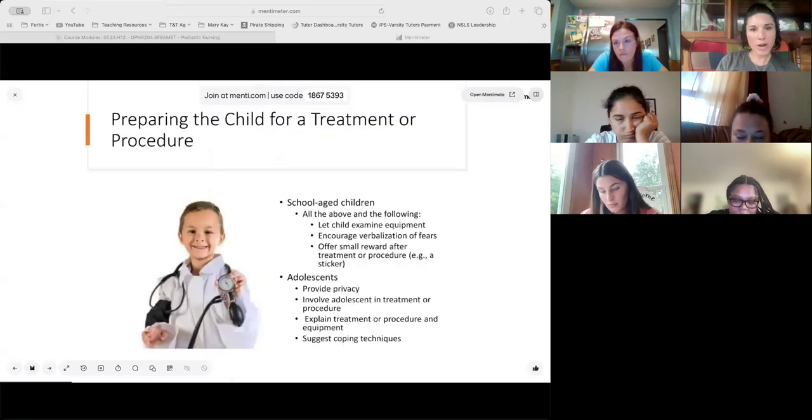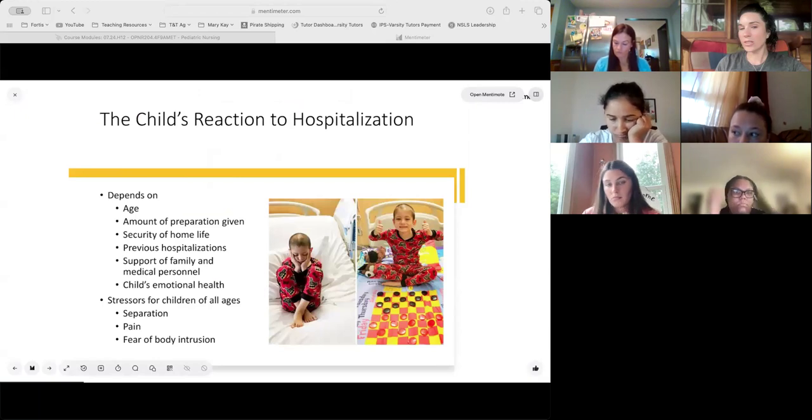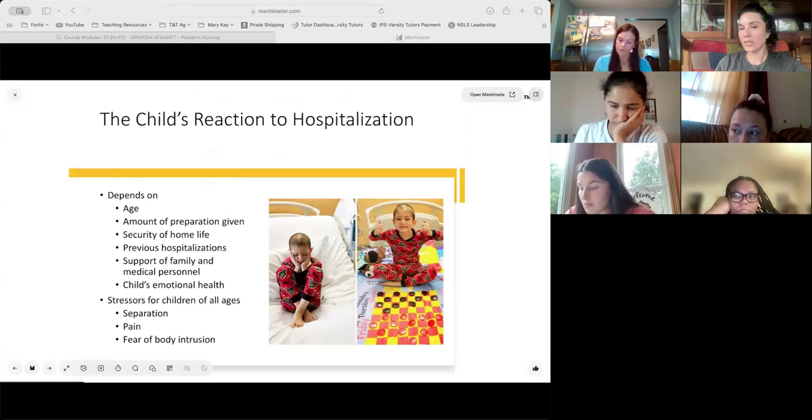Okay, so privacy for adolescents, teaching them about coping techniques are going to be important for promoting that independence. How our kids react to hospitalization is going to depend on a lot of different things. How old they are, how many times they've experienced hospitals in the past.